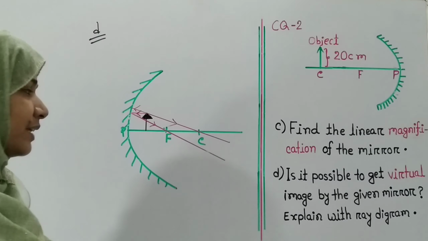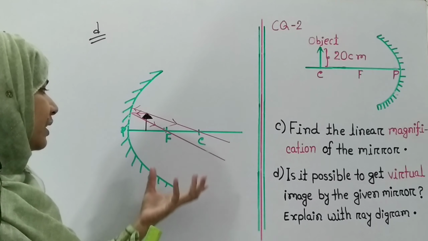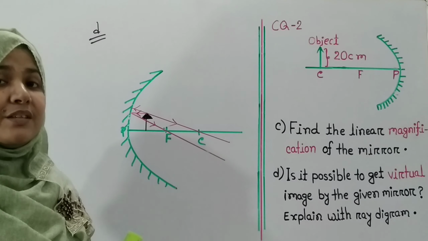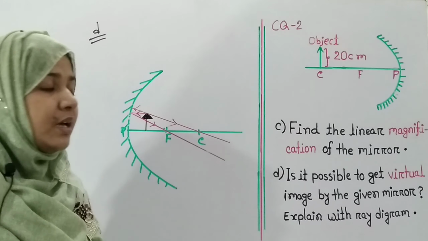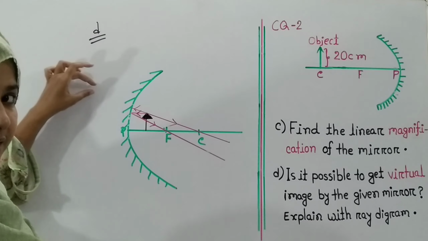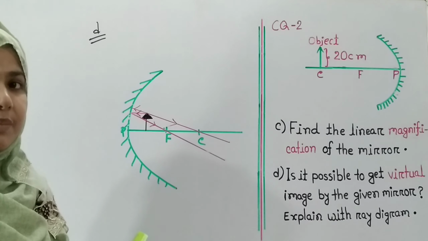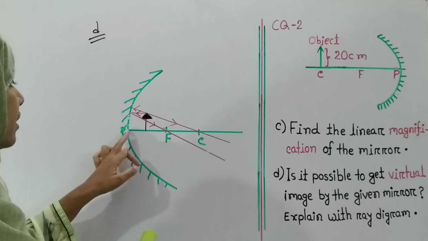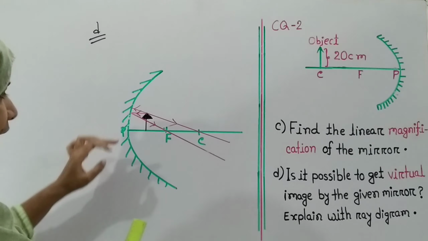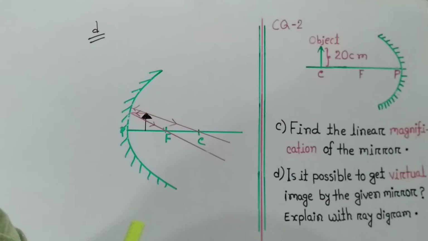Now you can see that the two reflected rays are actually not meeting in reality, but you know that a virtual image will form. That means if we extend the reflected rays behind the mirror, then we can form an image. So now I am going to extend them. Firstly, I will extend the principal axis, then I will extend the reflected rays so that we can form the virtual image.